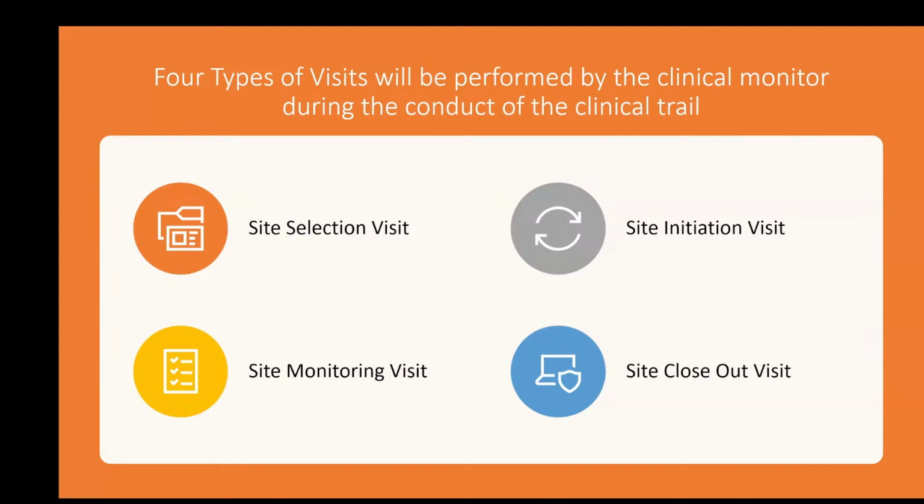There are 4 types of visits performed by the clinical monitor during the conduct of the clinical trial: site selection visit, site initiation visit, site monitoring visit, and site closeout visit. In short format, we call them SSV, SIV, SMV, and SCV. These are the 4 types of visits that clinical monitors usually conduct.